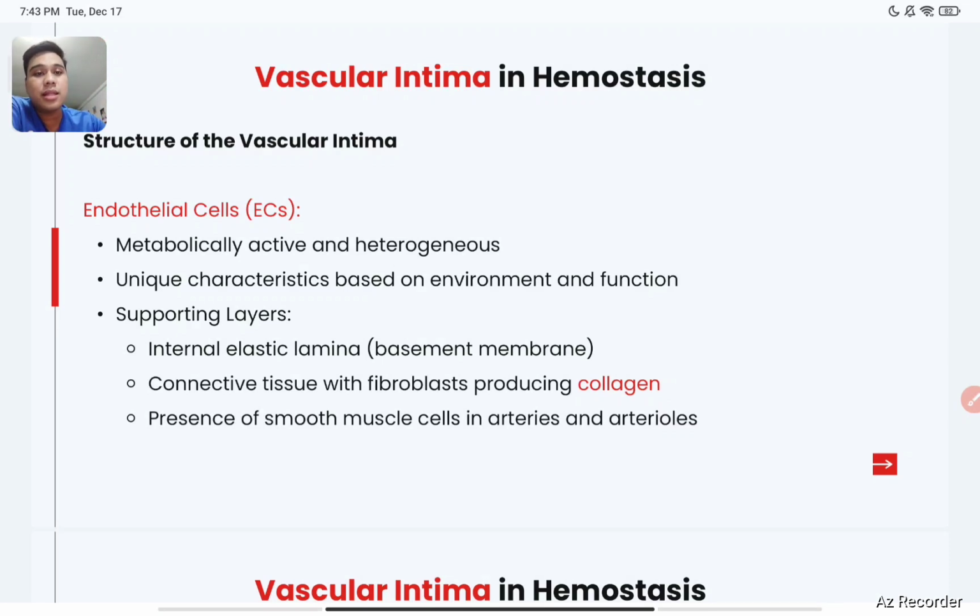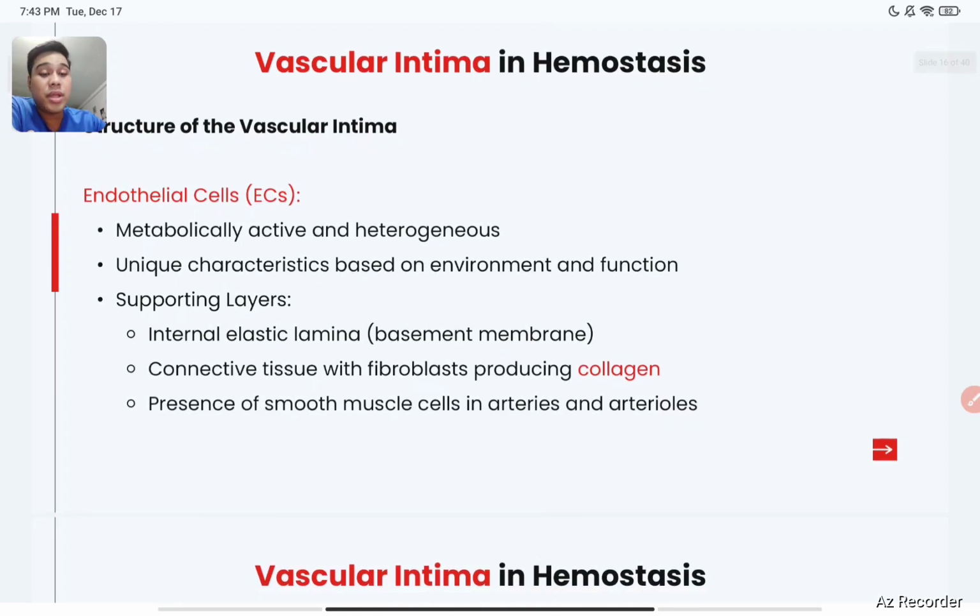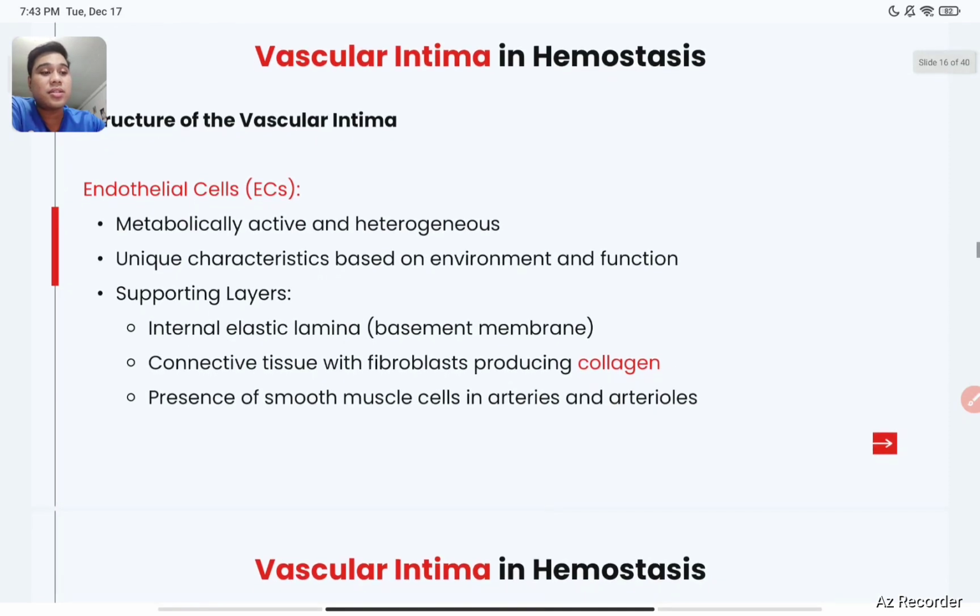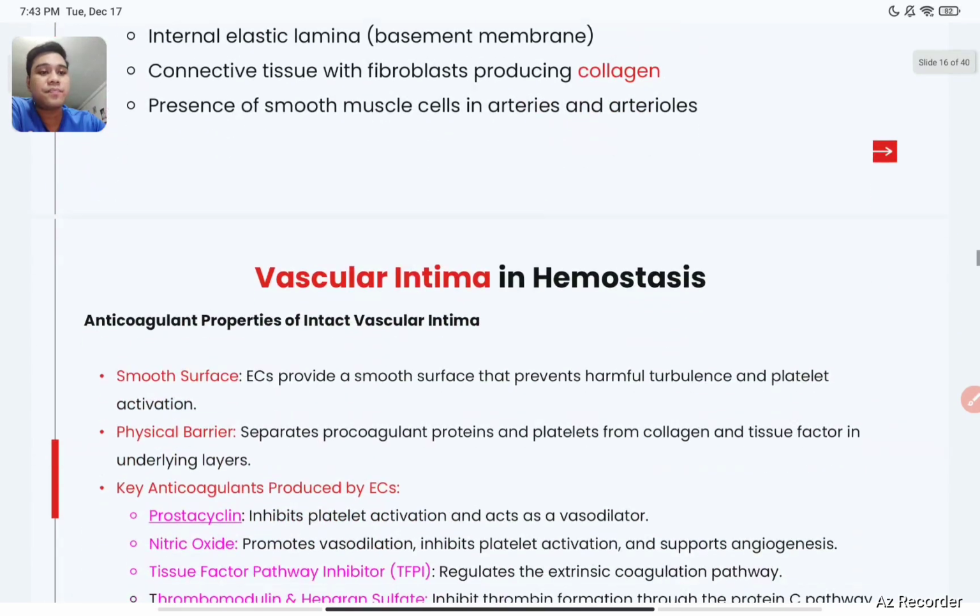So the endothelial cells, they are metabolically active and heterogeneous. It has a unique characteristic based on environment and function, and it has supporting layers such as your internal elastic lamina or the basement membrane, and has connective tissue with fibroblasts producing collagen. It also has the presence of smooth muscle cells in arteries and arterioles.